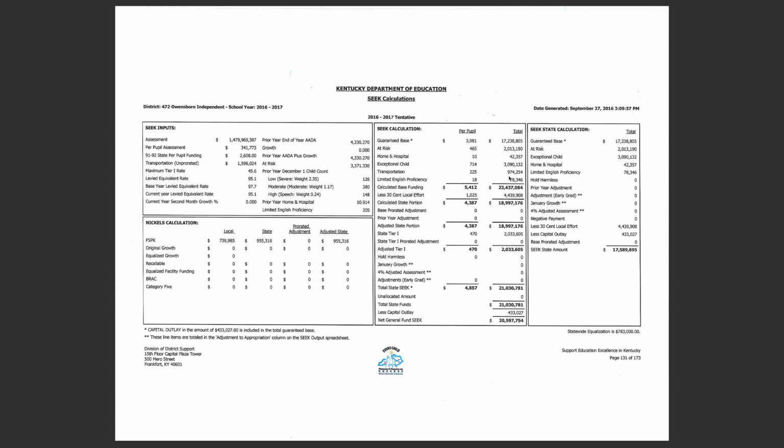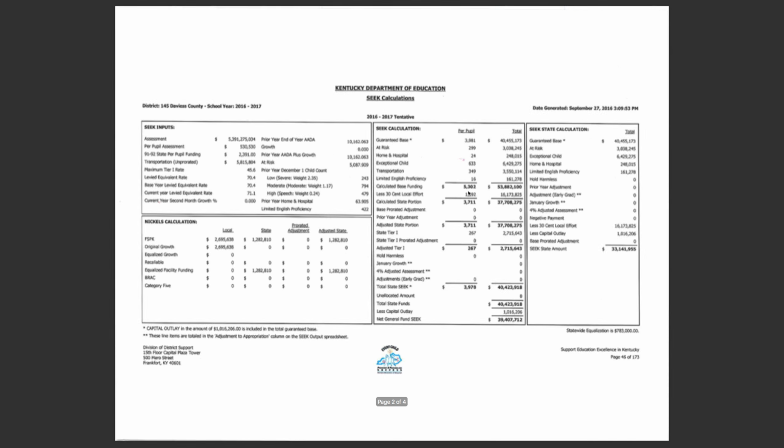So all that is dealing with the different population demographics that we serve in our district. That is calculated to the base funding. So our real per pupil is about $5,400 per student.